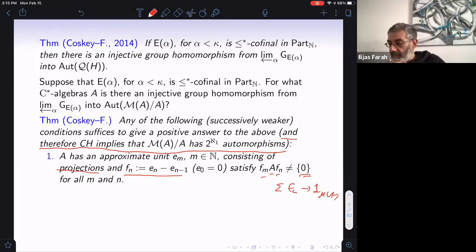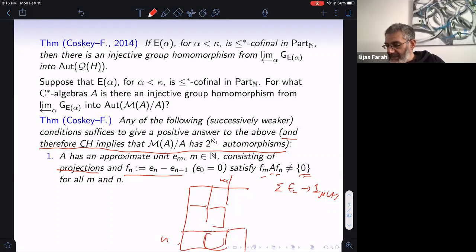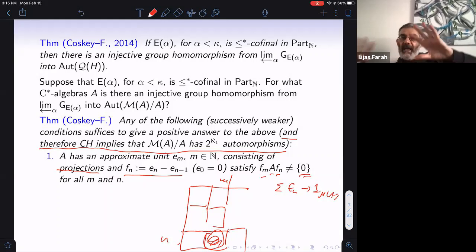If you just think about that picture that we had of F of e's before, all it's saying is that no matter how you choose m here, this is Fm, no matter how you choose n here, there is going to be something non-trivial in this rectangle, that you'll be able to choose some element of the multiplier algebra.